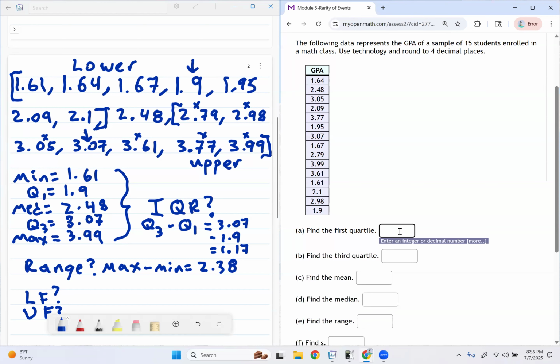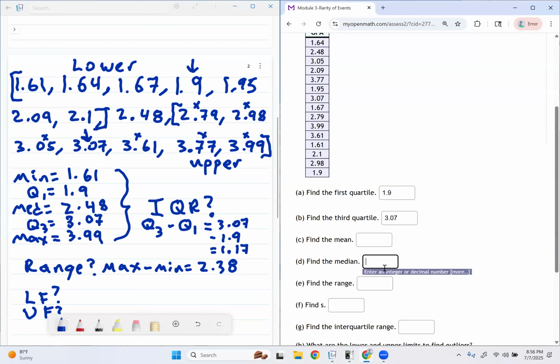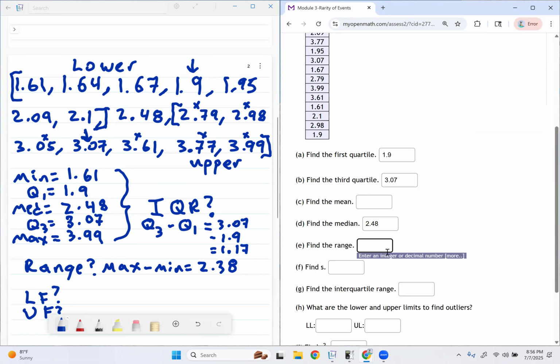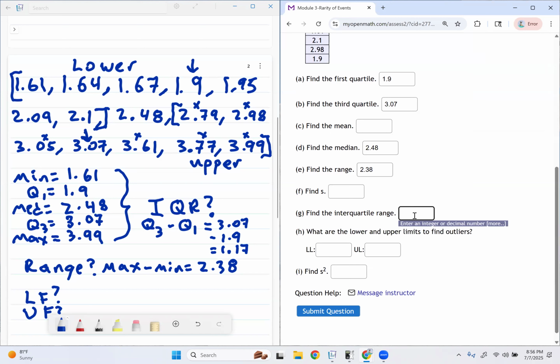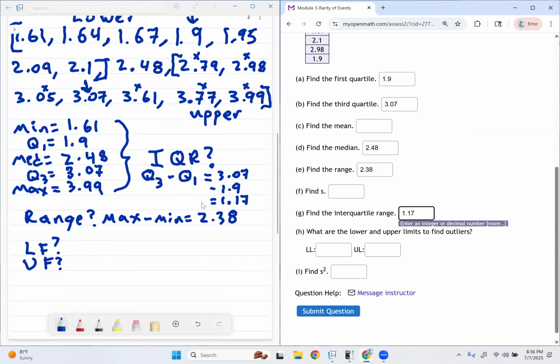Starting with that first quartile, 1.9, my third quartile, 3.07, my median, 2.48, the range of 2.38, and the interquartile range of 1.17. All of these numbers are position-based. Outliers are also position-based. They're based off of Q3 and Q1.